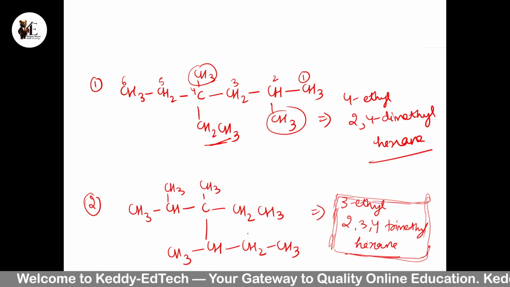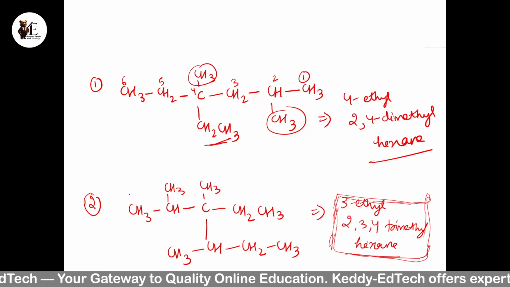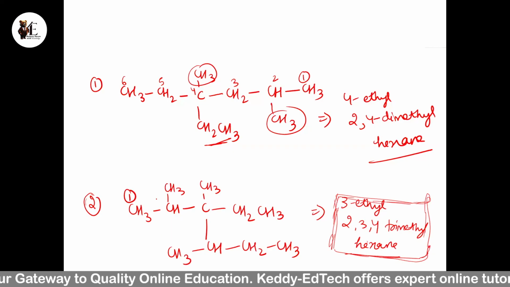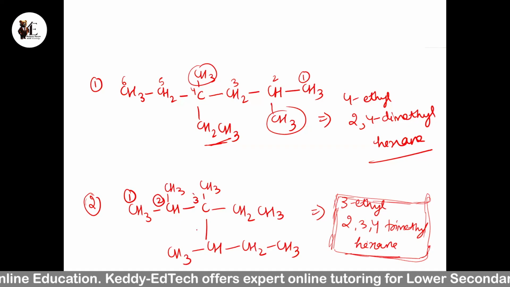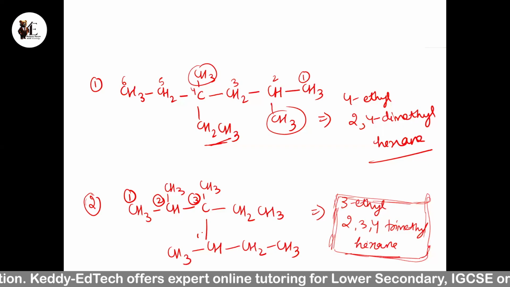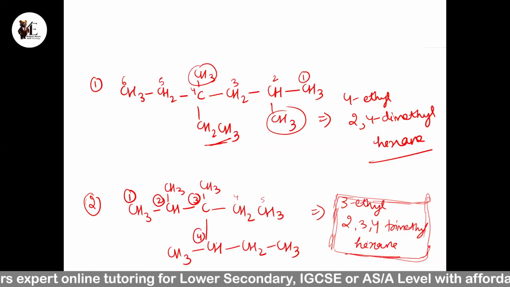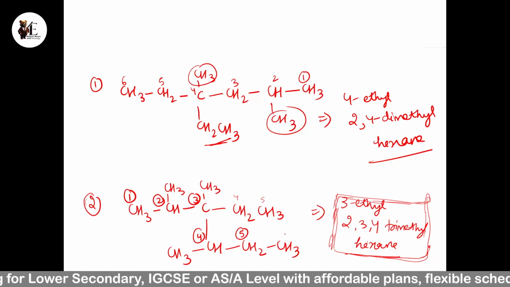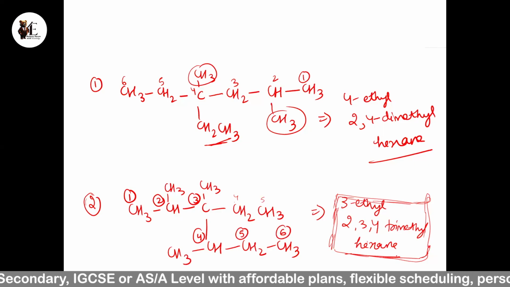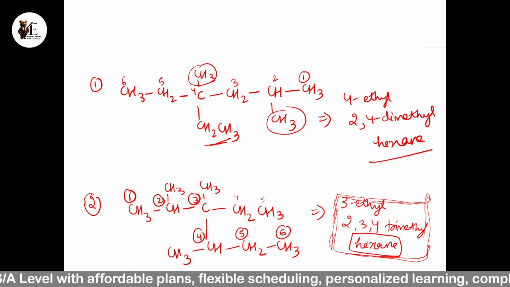First of all, you have to select the longest carbon chain, which is nearest to the branching. So the longest carbon chain which is nearest to the branching is 1, 2, 3, 4. Because if we go from here, then it becomes only 4 and 5, which is not longest. But here, if we go like this in the continuity, then it becomes longest carbon chain hexane. So it is clear that it is hexane. Now you just have to substitute the things.